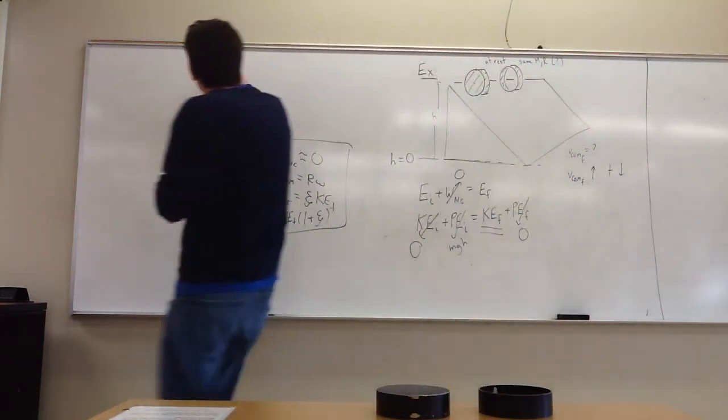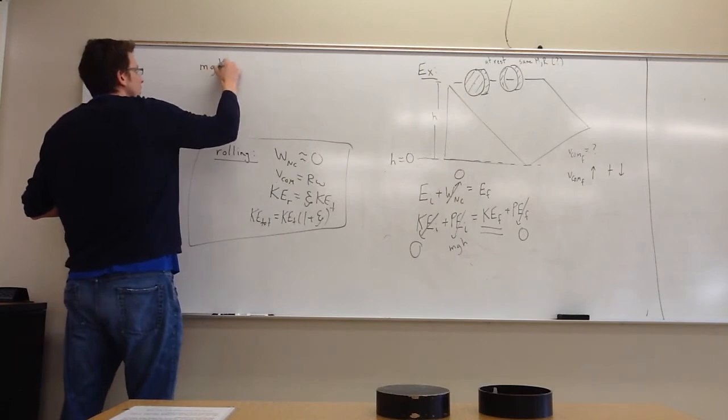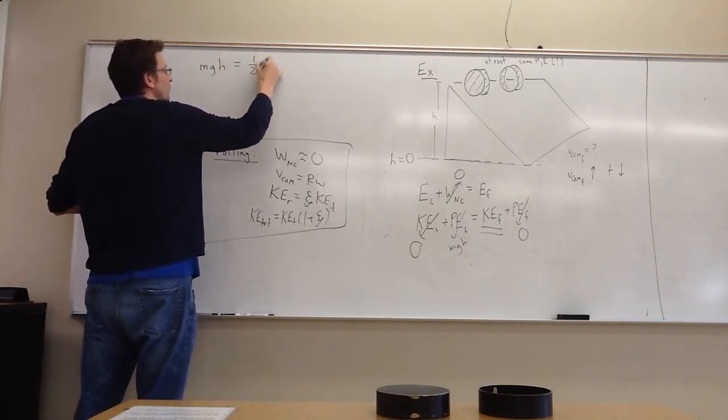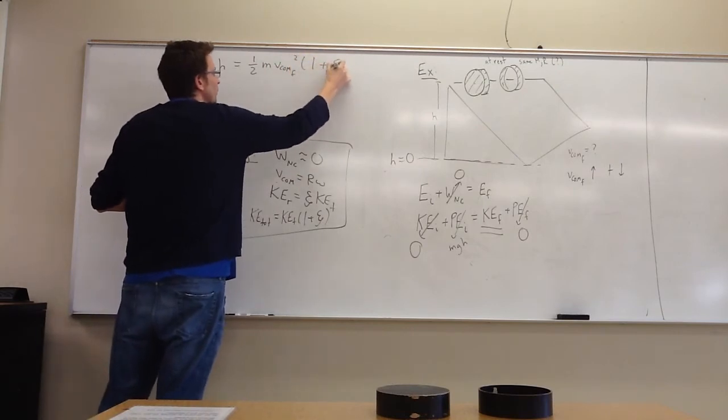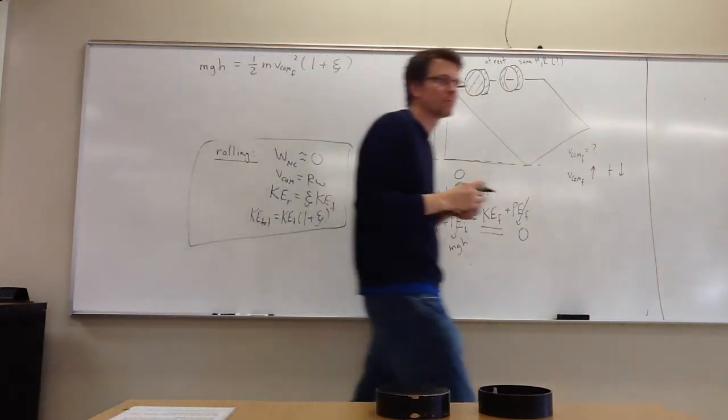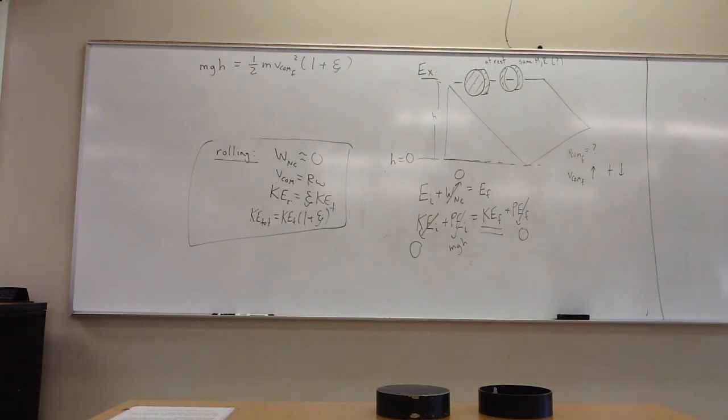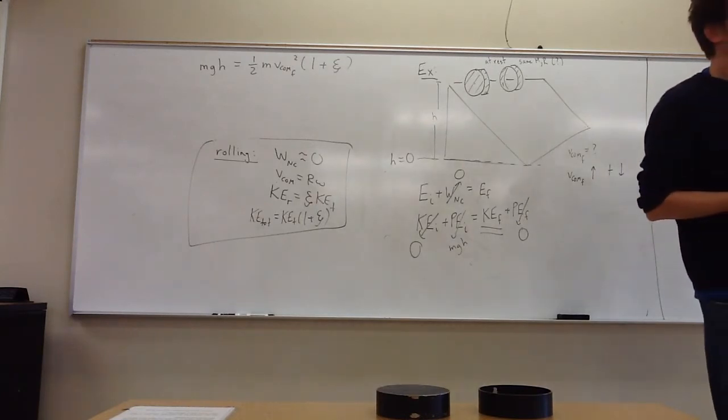So I get mgh initial is going to be 1/2 m v_COM final squared (1 plus squiggle). So whatever that initial store of potential energy that each object got, they're going to have to split that between the two kinds of kinetic energy, right? Because when you're rolling, you have both kinds.